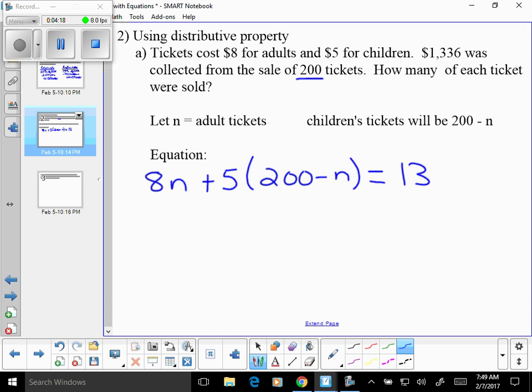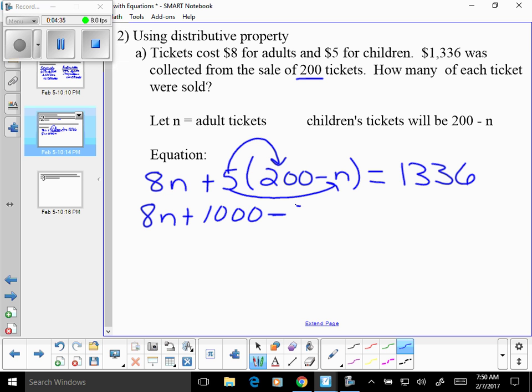And our total is going to be 1,336. The 8n can be copied down. Now we're going to have to use that distributive property of taking 5 times 200, which would be 1,000, minus 5 times n, 5n, which equals 1,336.